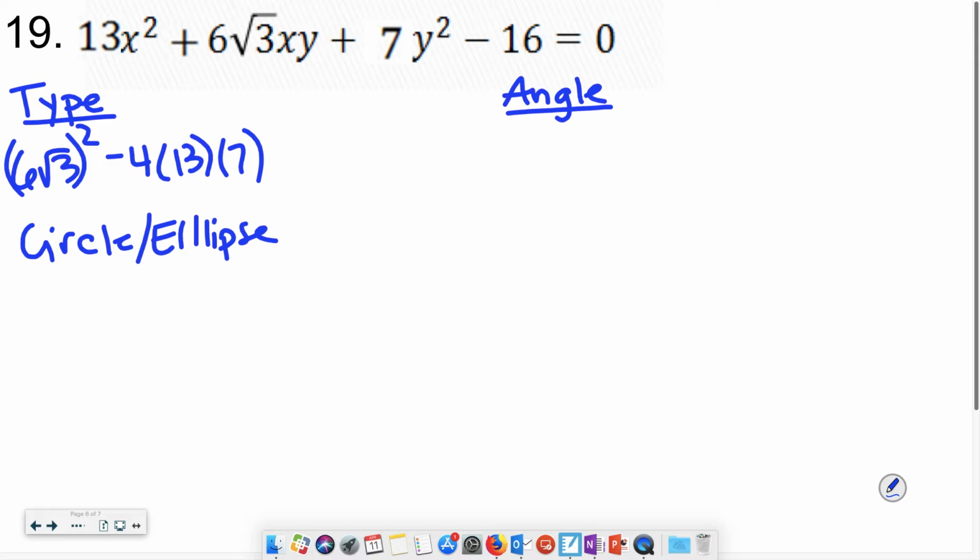Here you have 4 times 13 times 7. Without a calculator, I think we can figure out that 4 times 13 times 7 is going to be bigger than 108, which is making this negative. You don't have to know what it is, you just need to know if it's negative or positive or 0. When we set up our equation, tangent of 2 theta, what did you set up on the right side, Aaliyah?